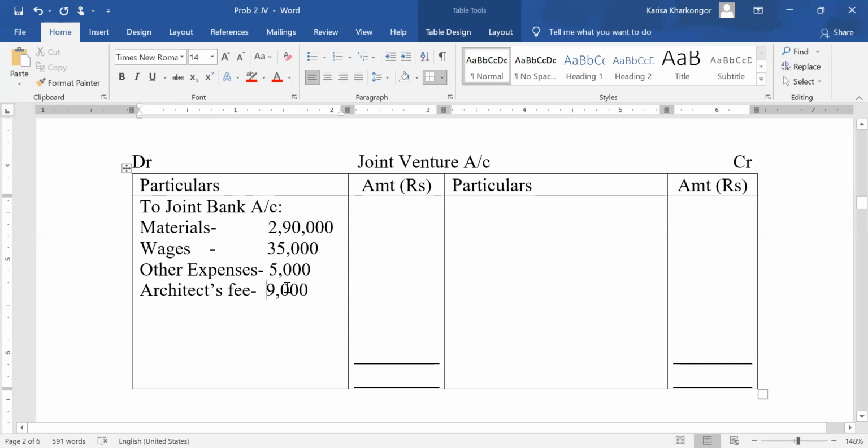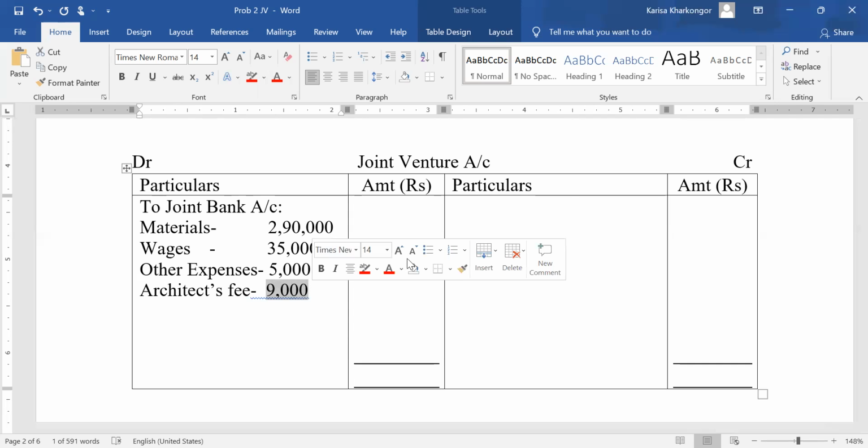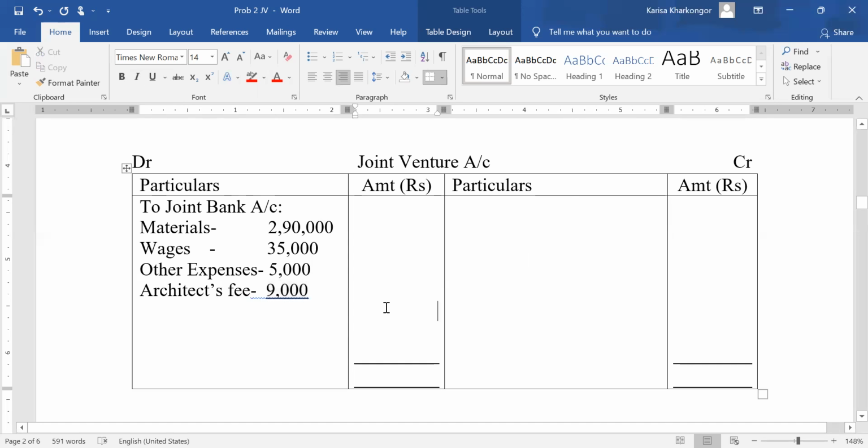So we add all these expenses. The total payment made out of the joint bank account, after adding, you will get 3,39,000.